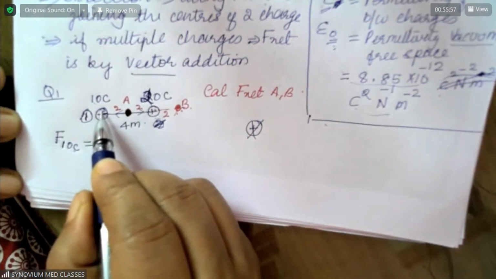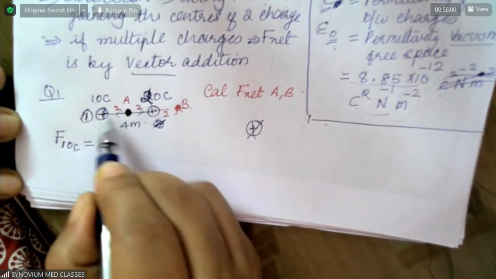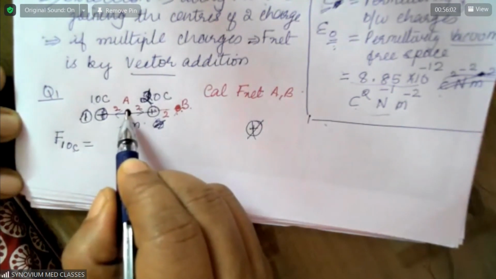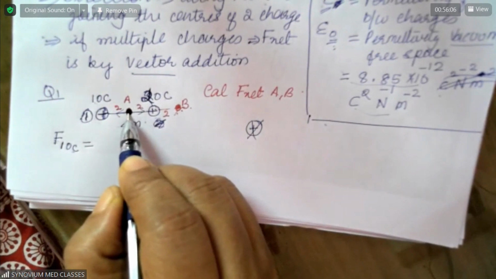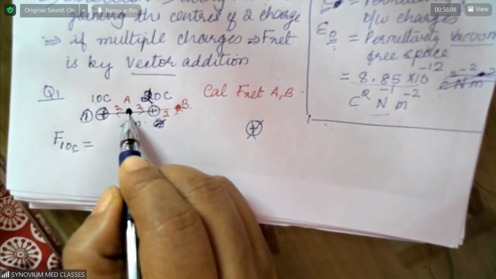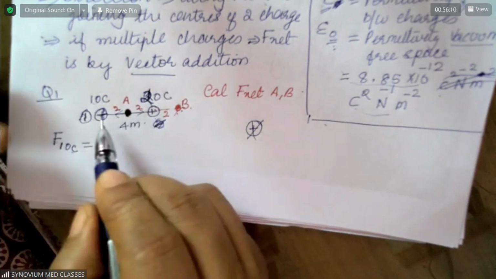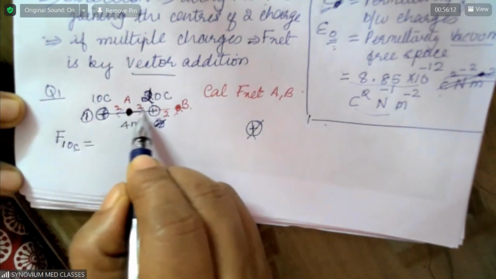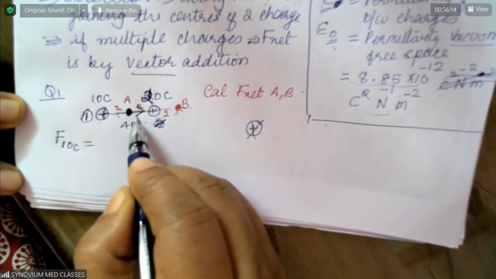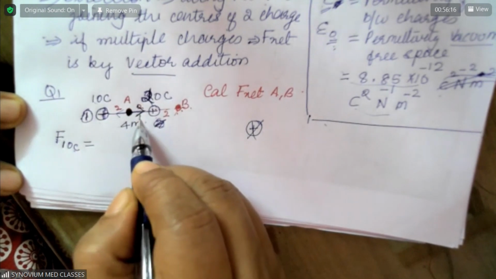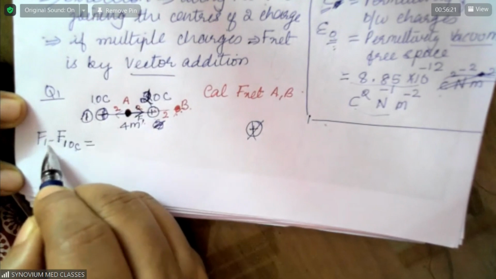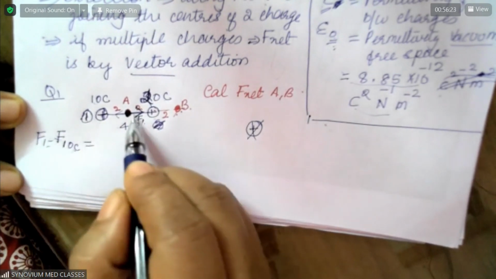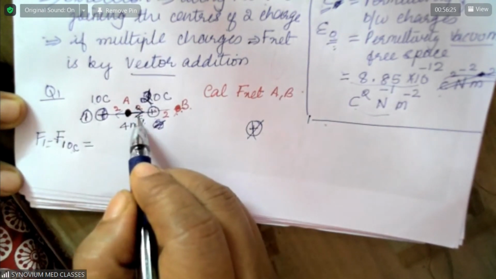This is the positive charge, and the point where you are keeping a test charge, which is always positive. So positive and positive repel, and it is in this direction. F1 is the force due to 10 coulomb, in this direction.